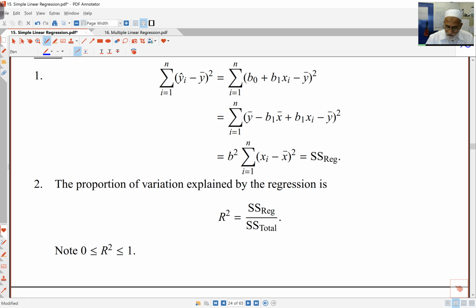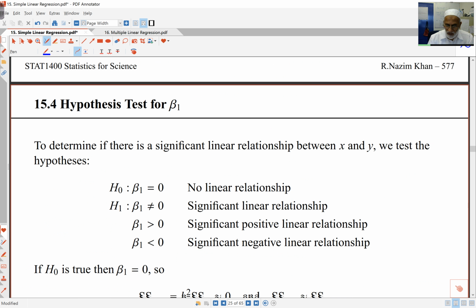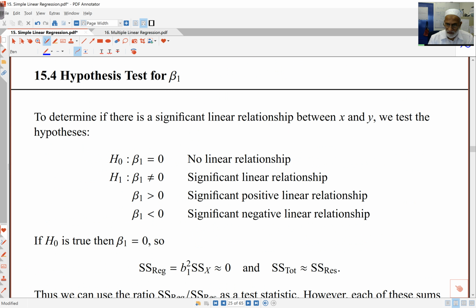The proportion of variation explained by the regression, how much of the natural variation in the data the regression explains, is the ratio of the regression sum of squares over the total sum of squares. That's R squared, which is also the correlation coefficient squared. We'll see this afterwards. Because the regression sum of squares is not less than 0, the smallest it can be is 0, and it cannot exceed the total sum of squares, R squared must lie between 0 and 1 inclusive. So now we can move on towards the hypothesis test for beta 1.